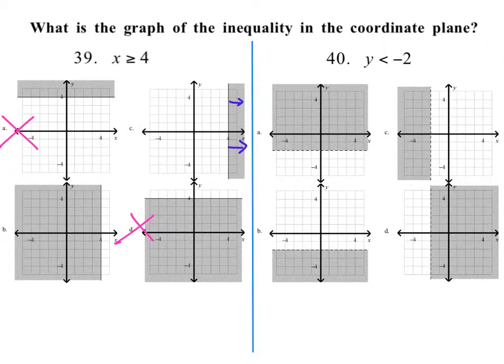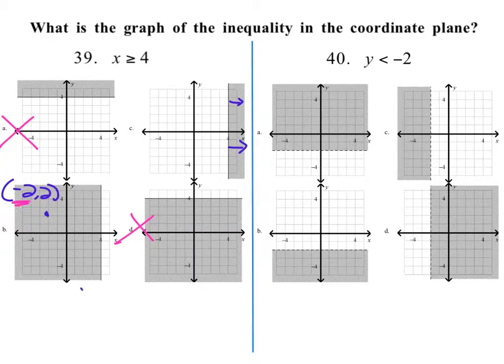So let's actually test B and say, okay, what's a point in B? Let's say this particular point right here. What are the coordinates of that point? Well, the coordinates are -2, 2. That's in the shaded area. Let's test it out. The x coordinate of that is -2.